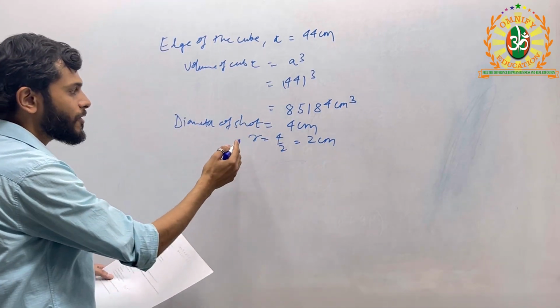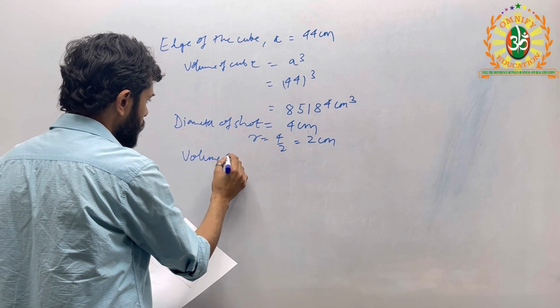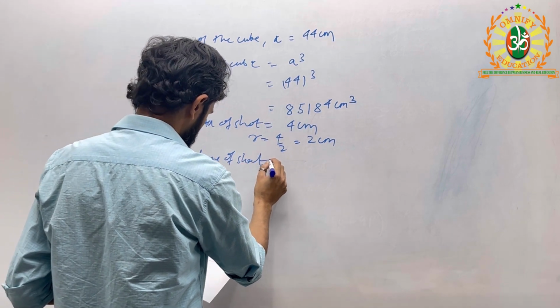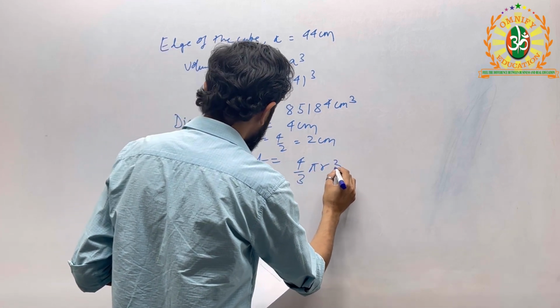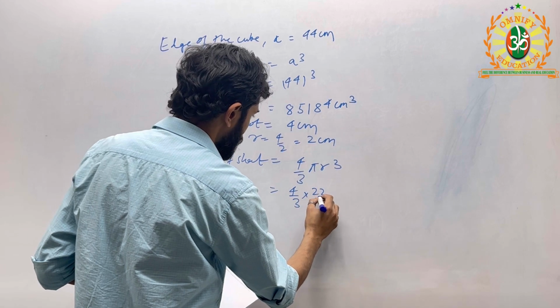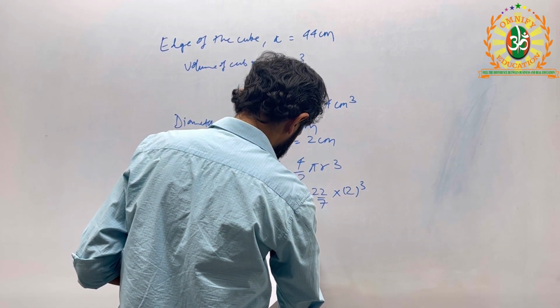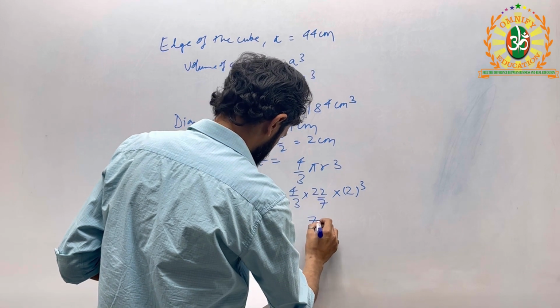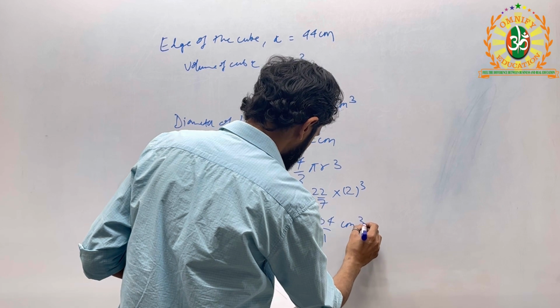So we have to calculate first of all the volume of the shot. The volume of the shot would be 4/3 π r cubed. Substituting the values, 4/3 × 22/7 × 2 cubed. So we get it as 704/21 centimeter cube.